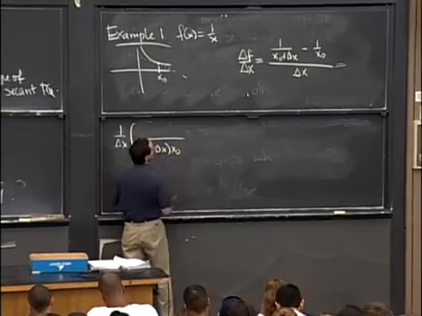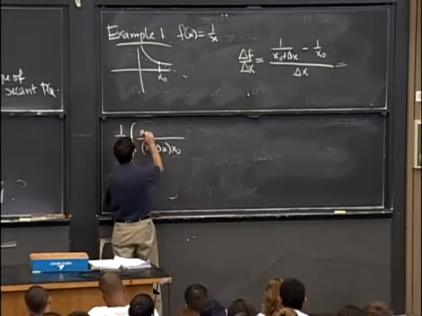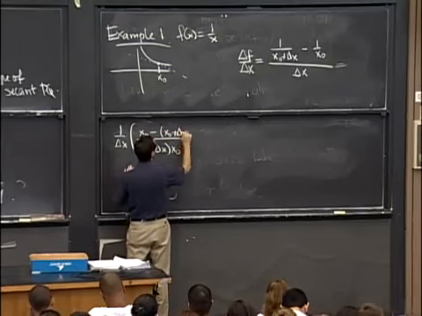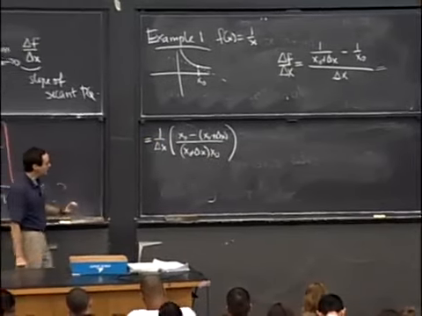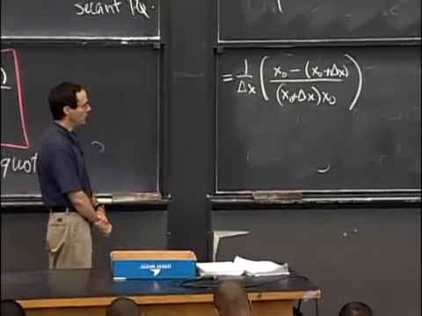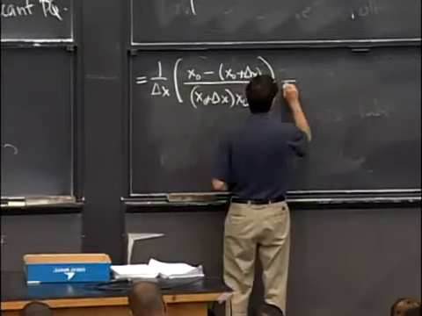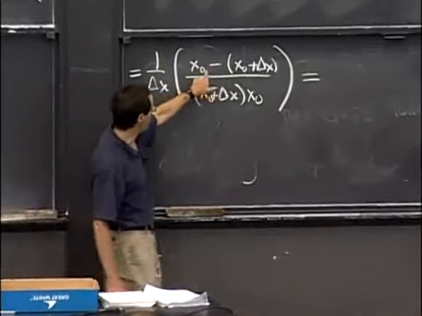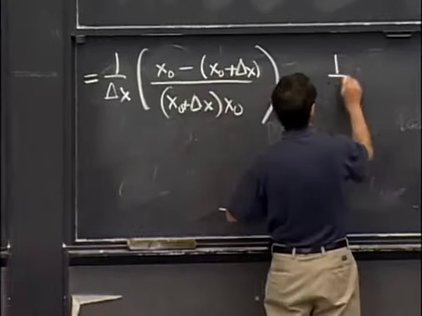And so in the numerator for the first expression, I have x0. And for the second expression, I have x0 plus delta x. So this is the same thing as I had in the numerator before, factoring out this denominator. And here I put that numerator into this more amenable form. And now there are two basic cancellations. The first one is that x0 and x0 cancel. So we have this.